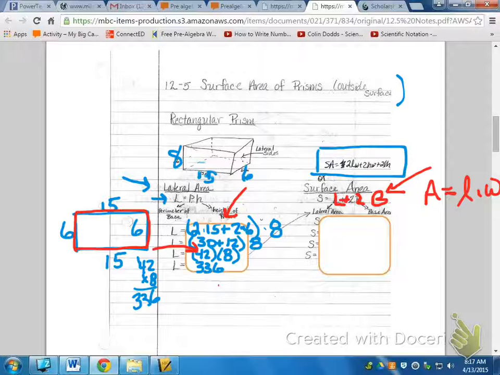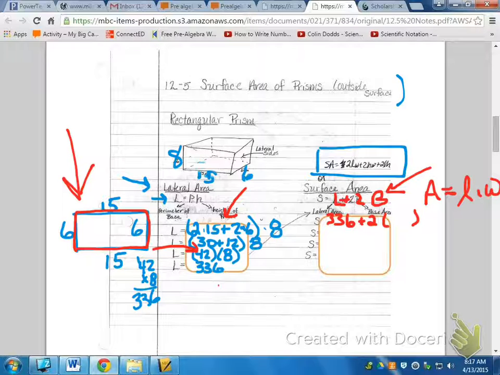So doing surface area, for the lateral area I get to plug in 336. That part's already done for me. Plus 2 times the area of my bases. The base is this rectangle we've got over here.